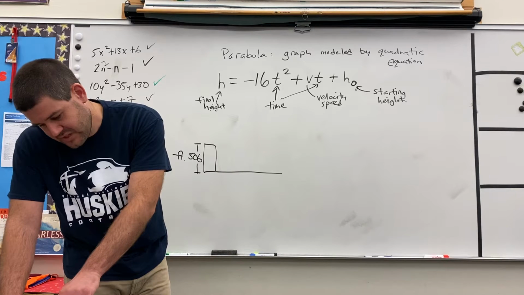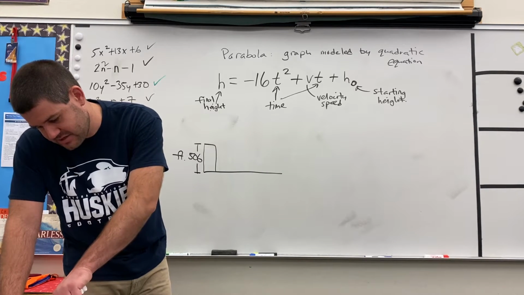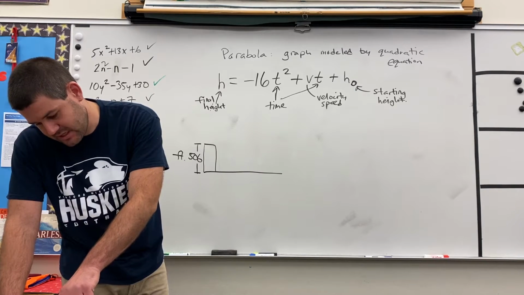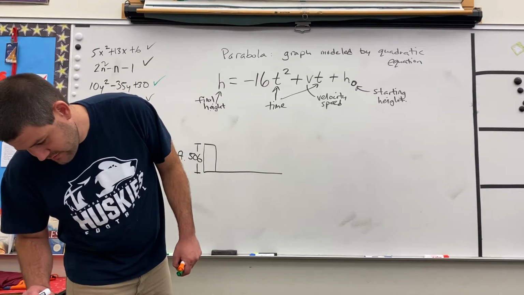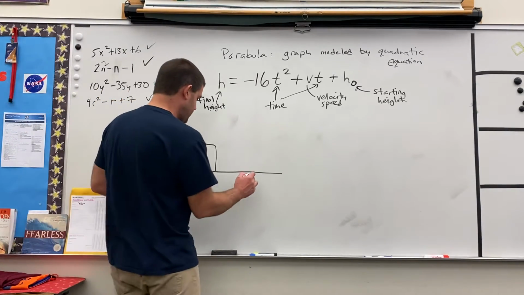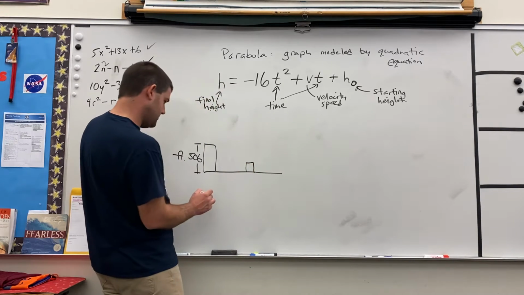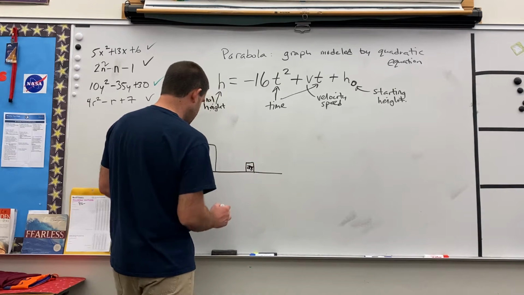I'm going to write that in a second. The ball lands on a balcony that is 218 feet above the ground. How many seconds was it in the air? Okay, so 218. Looks about right. Okay, so this guy's 218.